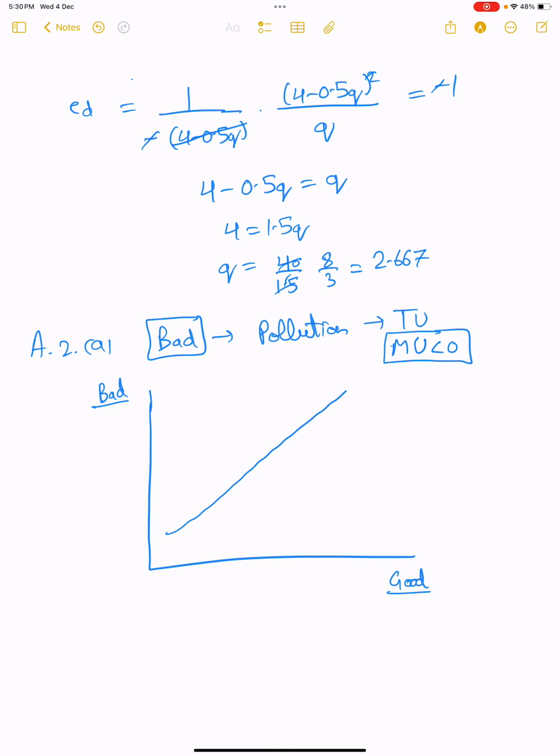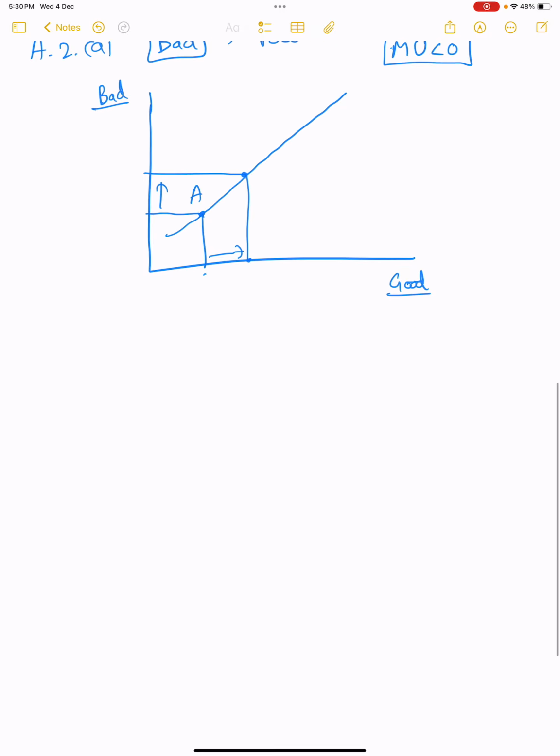So in this case, the indifference curve would be upward sloping, because if we are at this point A, and we increase the consumption of the good commodity, then we need to increase the consumption of the bad one to remain on the same indifference curve. It is upward sloping, but it would take shape like this or this.